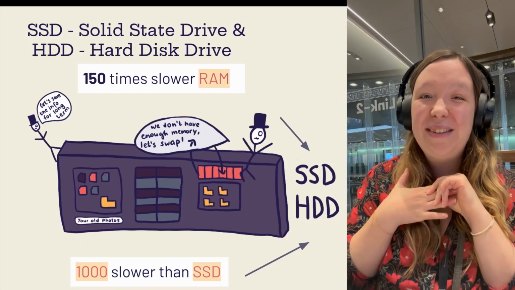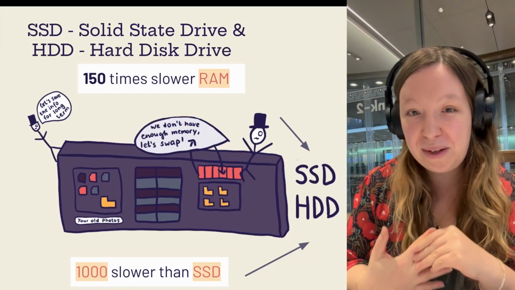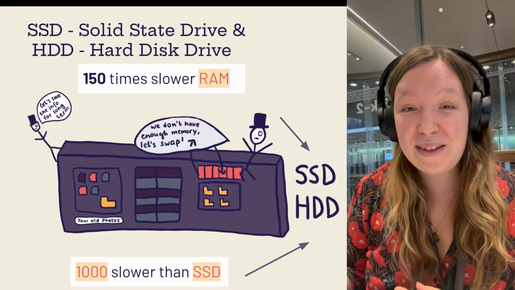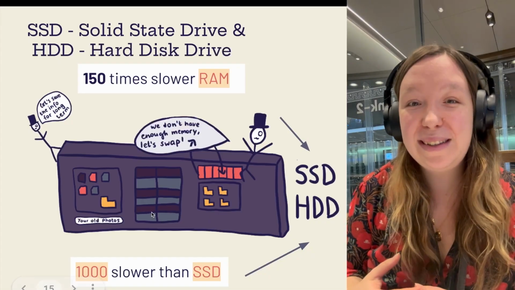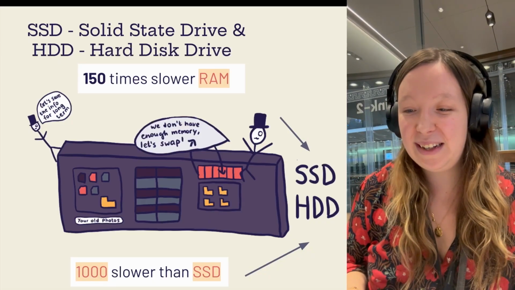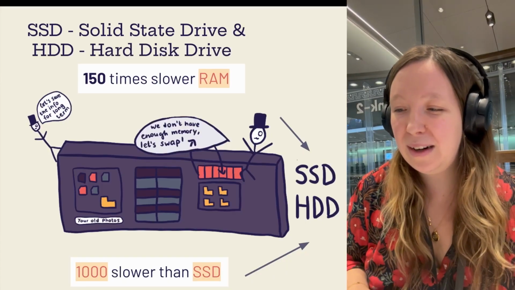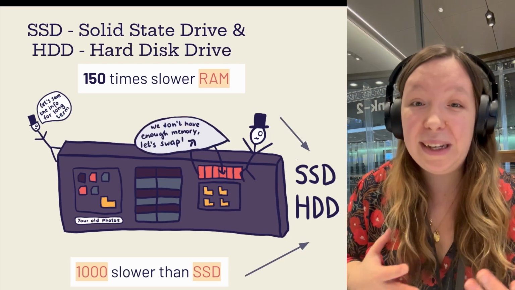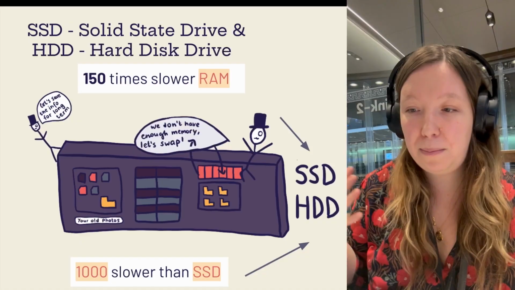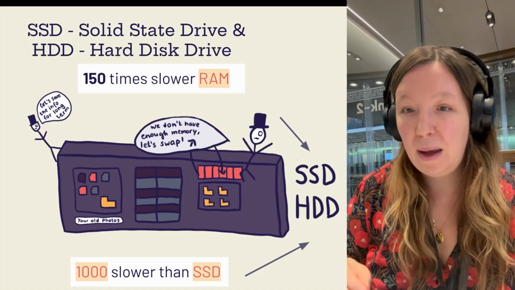Finally, we get to our final, persistent and permanent storage, which we could really not live without. If we did not have persistent storage, anything that we created would erase very quickly. So we really, really need it. Your code, your photos, anything really that you want to be stored forever is stored in persistent storage, SSD, solid state drive, or HDD.